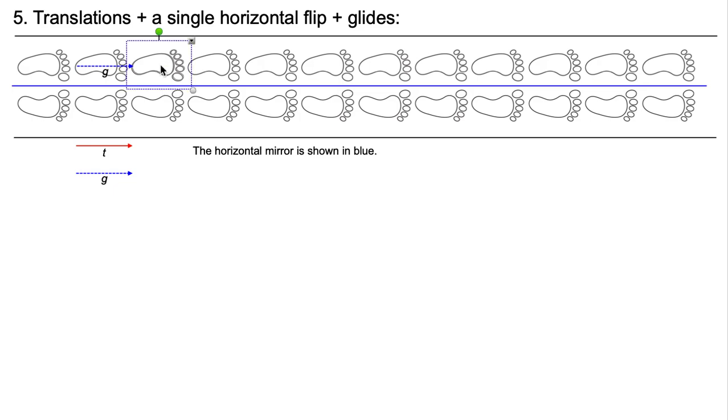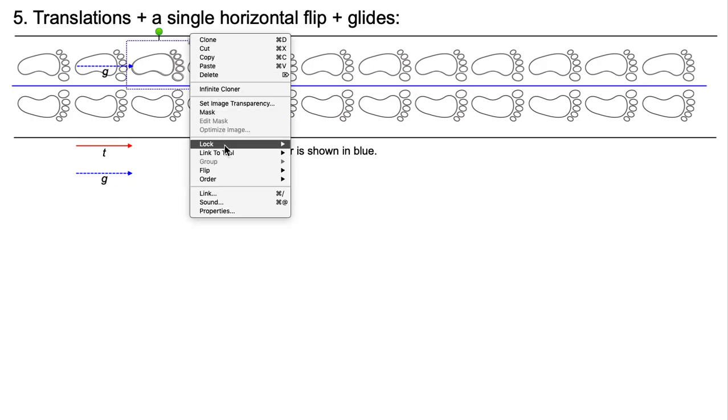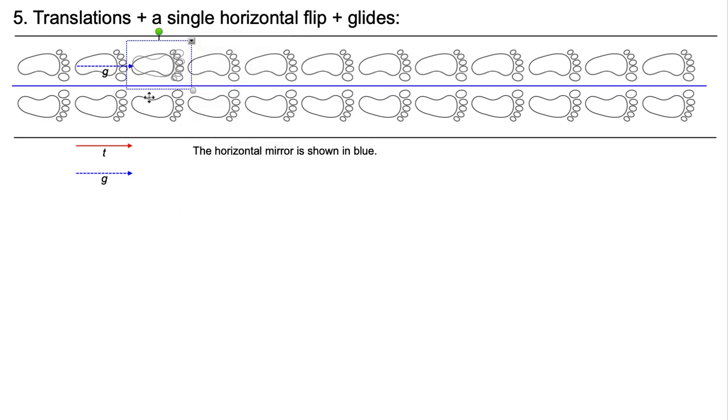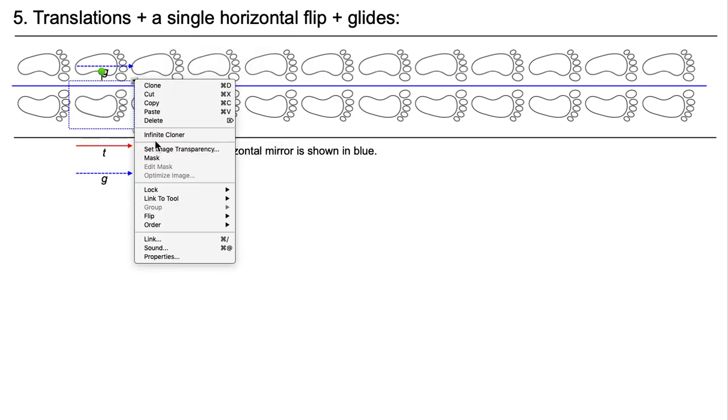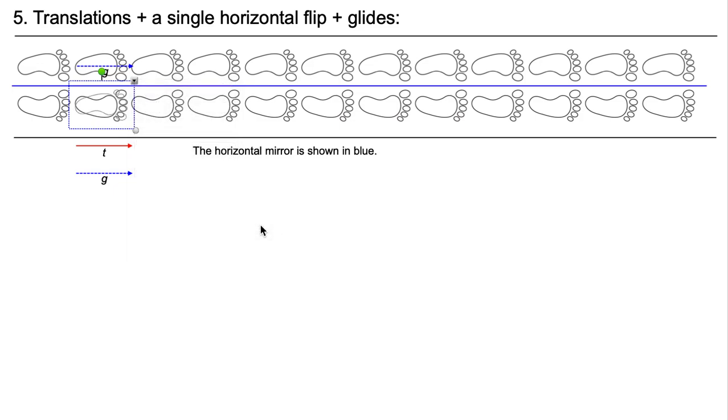Just to make it clear, we started with this particular footprint. We reflected it to get up there and then did the translation. So to go from this footprint to this one is a glide of that length.